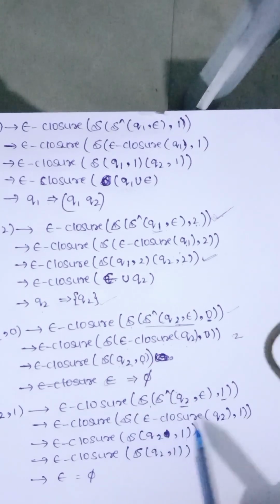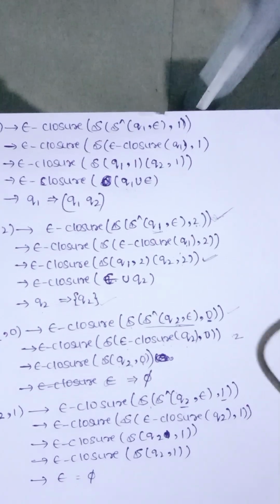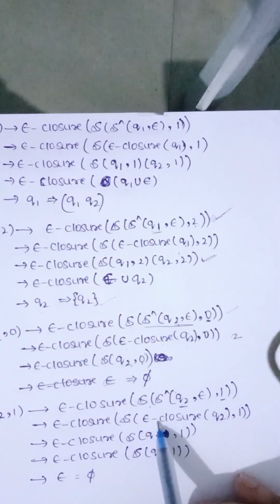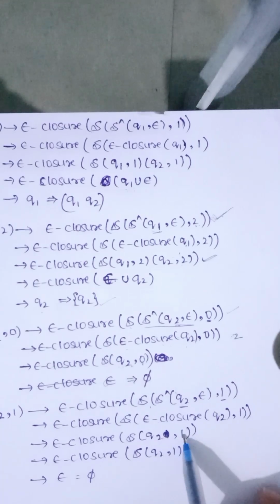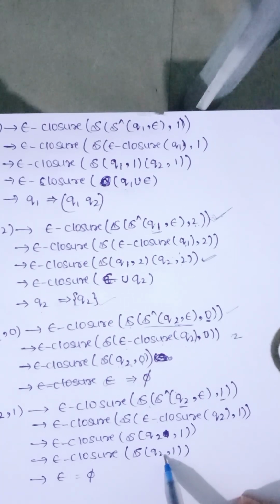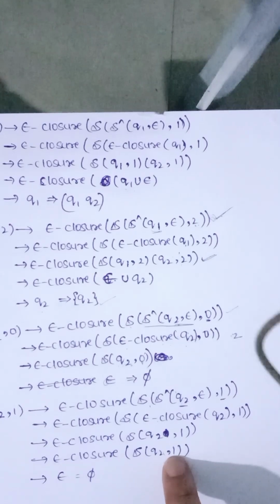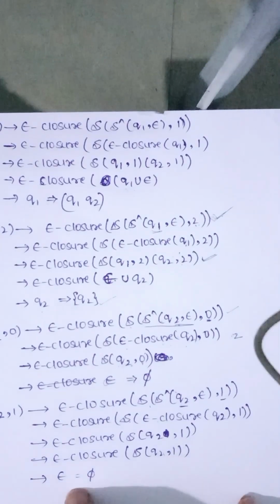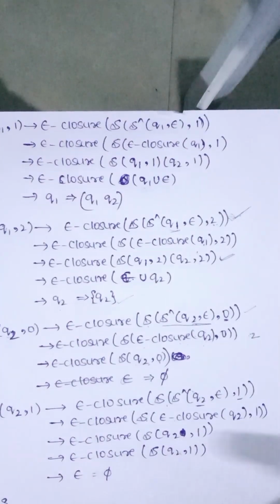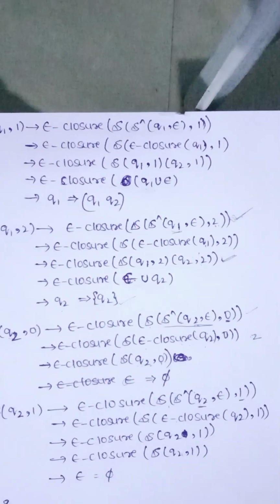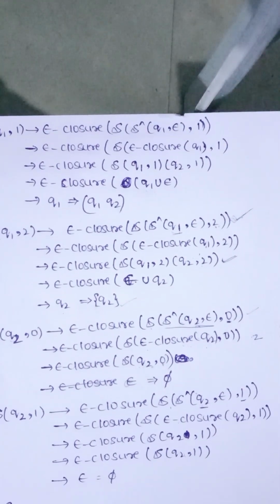Delta of epsilon closure of q2 comma 1. For q2, what is the transition in the first step? q2 only. So q2 comma 1: is there any transition from q2 with 1? It has a transition with 2 only, not 1. So it is phi, meaning null set. Now we will check delta of q2 comma 2.